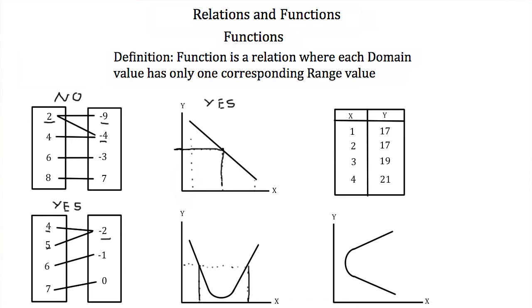So say this was 4 and this was 2, and they both came up, intersected the graph, and came to the y of 3, this would still be a function because 2 only has one y value, 3, and 4 only has one y value of 3. So this is a function because each x value has only one y value.